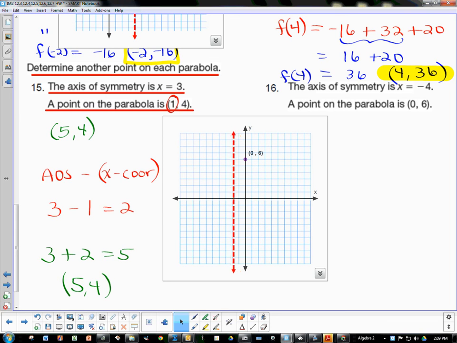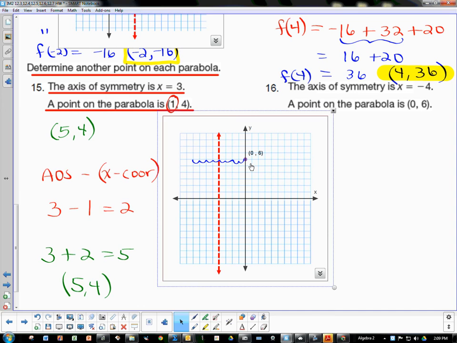So -1, -2, -3, -4. You can kind of see, we'll count this out. 1, 2, 3, 4, and 1, 2, 3, 4. So we're going to have a point right there. Okay. Let me erase this so I can give you this point. And there it is, -8, comma 6.